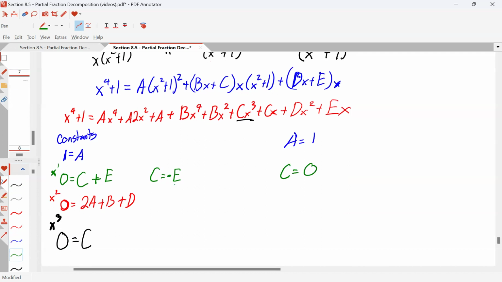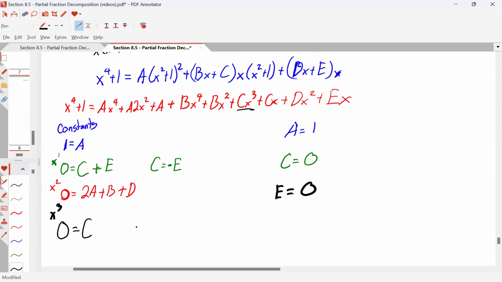That c equals negative e. Negative 0 is 0. So c and e are both 0, which is very nice for us. And then the last thing, we still need b and we still need d.